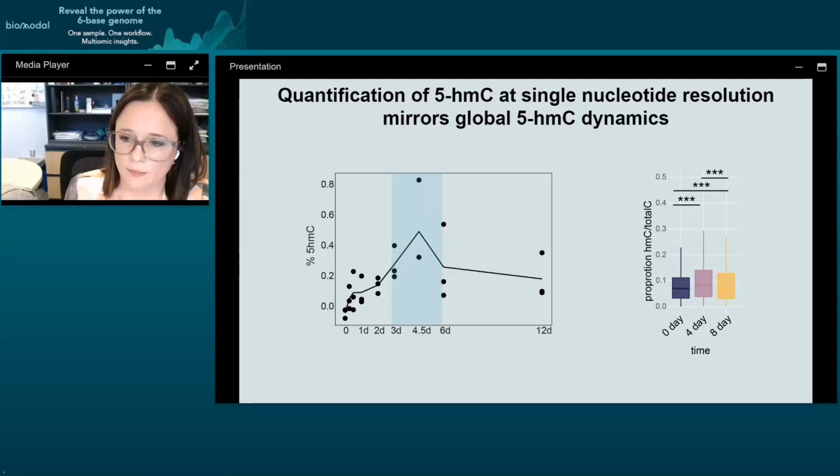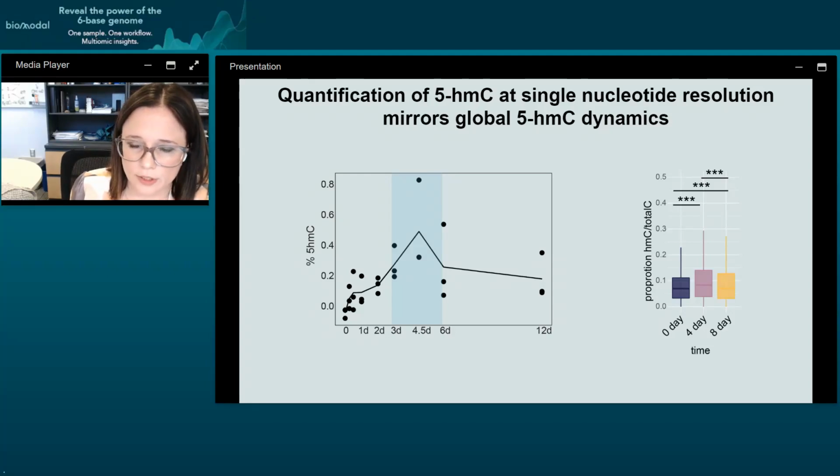So just to bring us back to the initial ELISA that we had performed, when we quantified global HMC levels, we observed that we have this peak of hydroxymethylation that happens right around 4 days. So for 6-base sequencing, we had performed 0, 4, and 8 days to profile using the 6-base protocol.